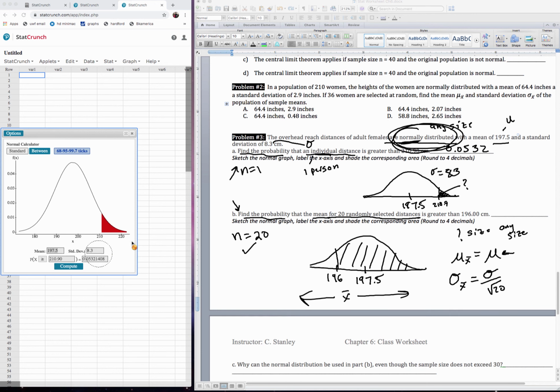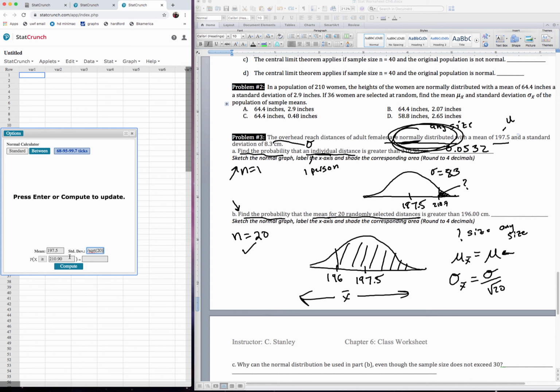So what you have to do, get rid of that thing. What we have to do is come over here, put the original in. I'll start from scratch though. The original is 8.3. Now you do a divided by sign, and you type in SQRT. That stands for square root. You put in how many we picked, which was 20.